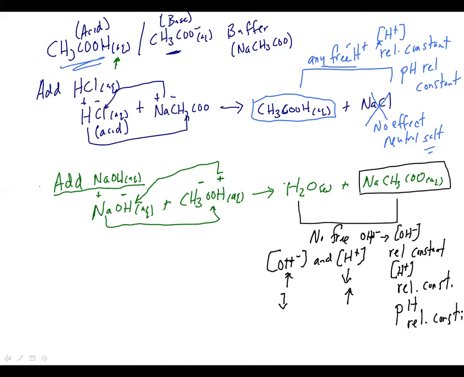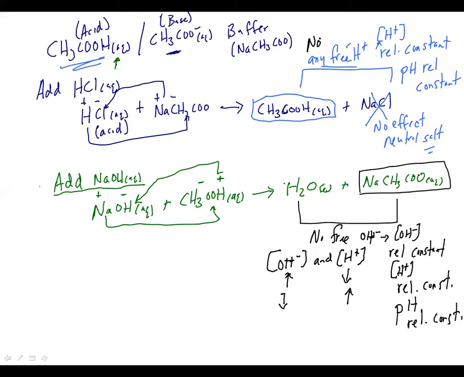The way a buffer really works is by exactly what we see in these reactions. When you add an acid to a buffer, the acid will react with the base part of the buffer, and it will make the acid part of the buffer. But more importantly, what it prevents is free H plus from coming into that solution. And because you kept the H plus concentration relatively constant, it will keep the pH relatively constant as well.